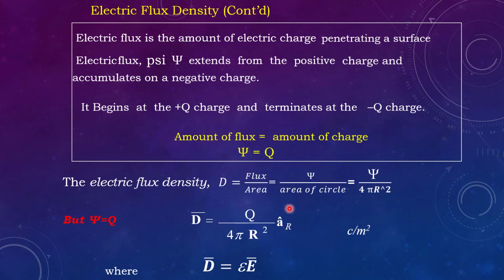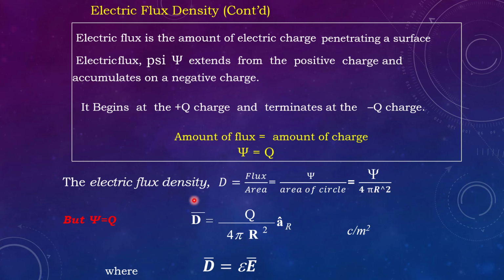So if we attach a unit vector a r cap, then flux density D bar, a vector quantity, is given by D bar is equal to q. Why q? Because psi is equal to q, as we have already written here. So q divided by 4 pi r square, that is the area of the sphere, into a r cap.